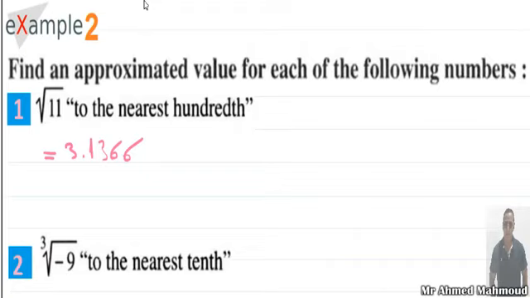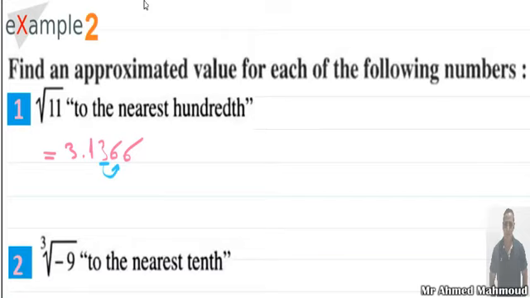Here the nearest hundredth. 3 is the tenth, 1 is the hundredth, and 6 is the thousandth. Underline the place value, which is hundredth, and then look to the next one, 6. 6 here is strong.